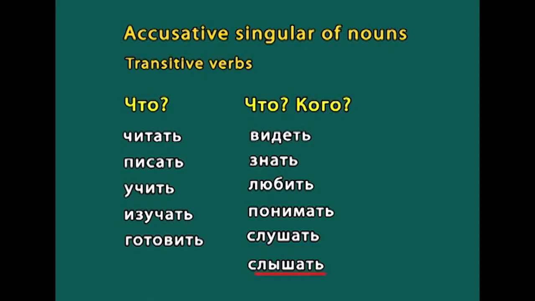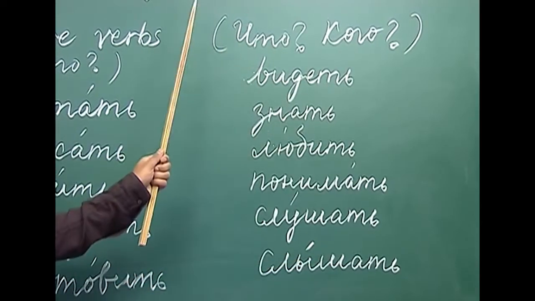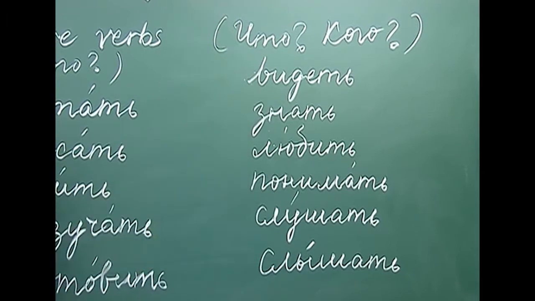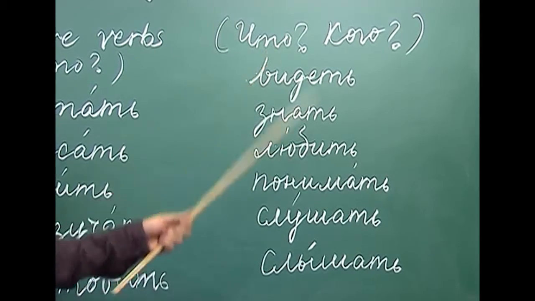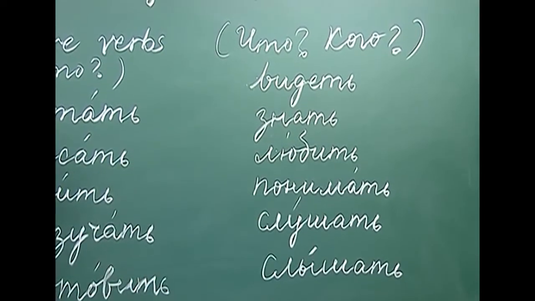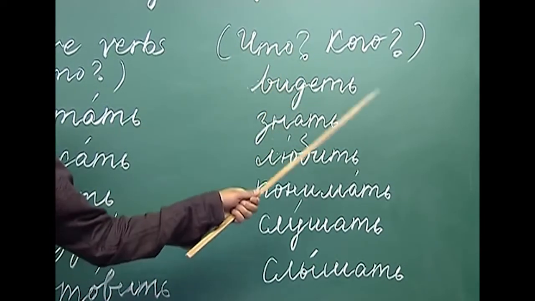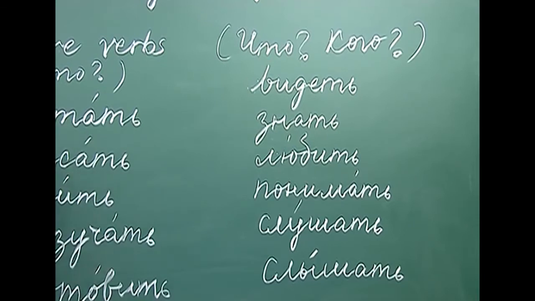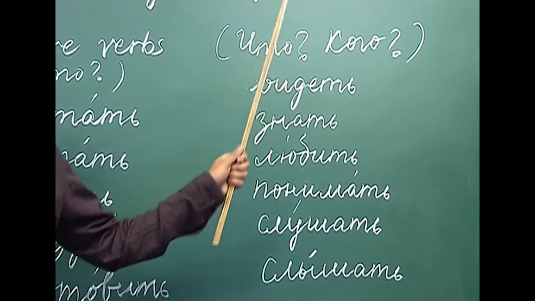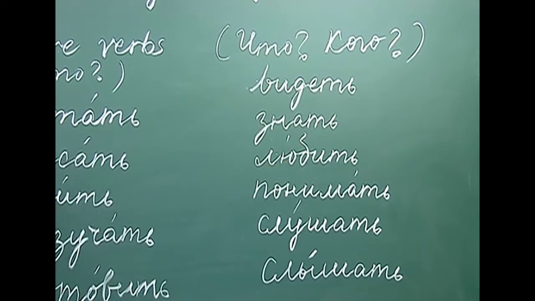These verbs can take either an animate or an inanimate noun after them. Видеть can have что, and it can have кого. I mean, they can answer что and also кого.